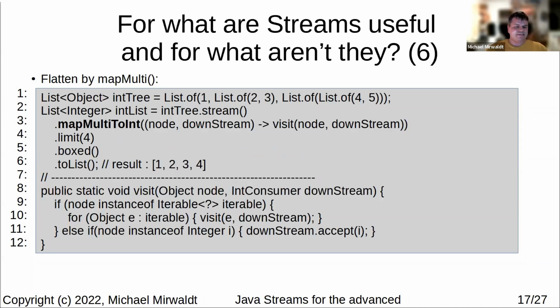And last but not least, I know that Heinz once said, for what do we really need mapMulti? And I was thinking about that for some time. And here I'll give you an example with a tree, you see. And I'm just silent for 30 seconds so that you can read it.